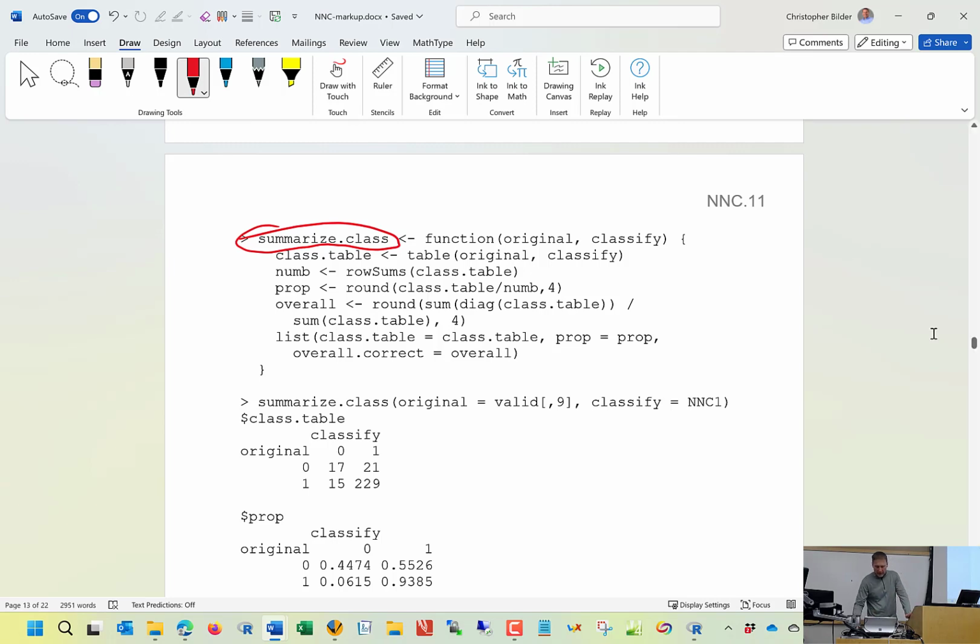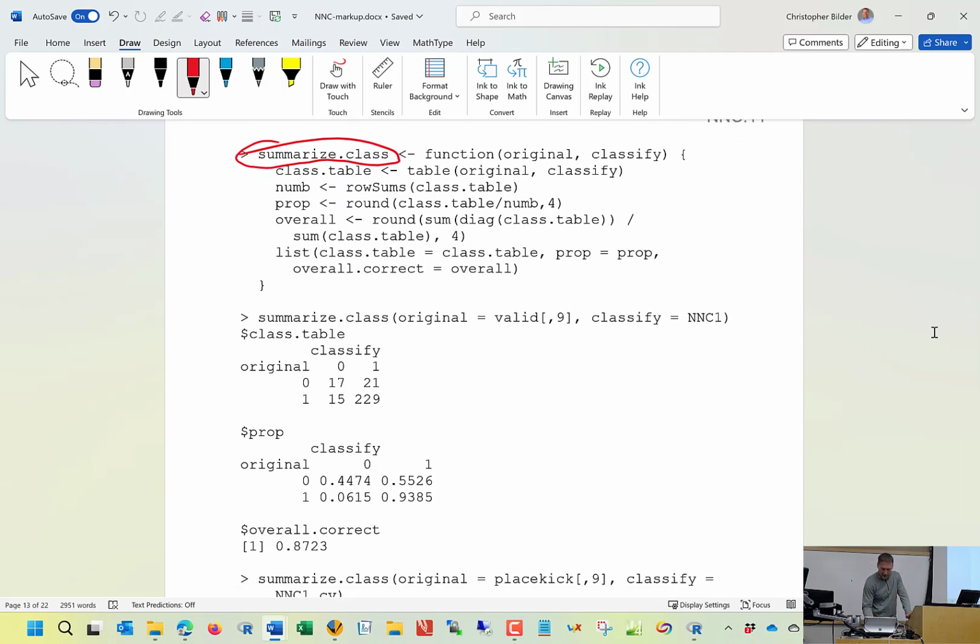To do this with the validation data set, for the original argument, this is what I put in for the validation data set: were they successes, were they failures, what was actually observed. And that's the 9th column of my validation data set. And then for classify, I put in what this procedure predicts, and that's stored in this NNC1.